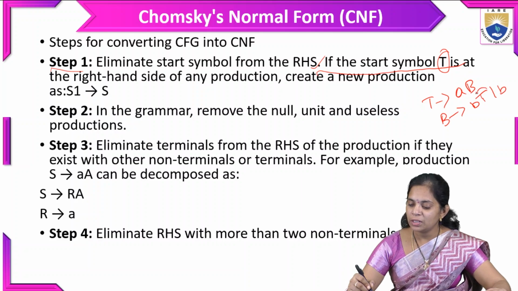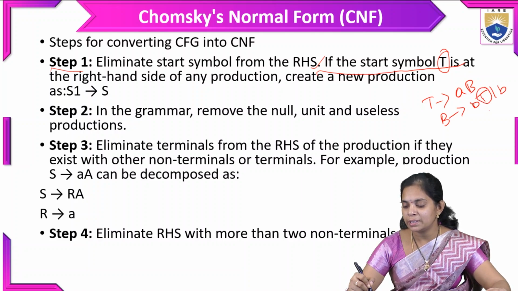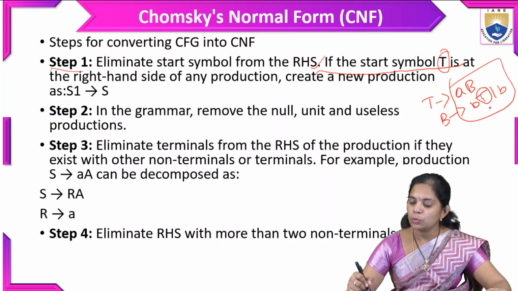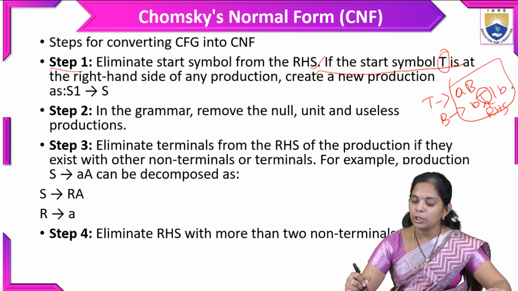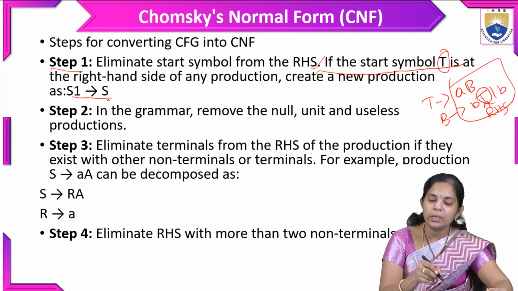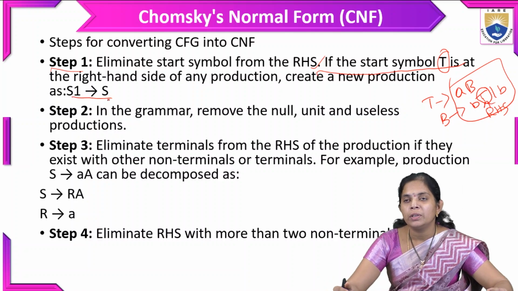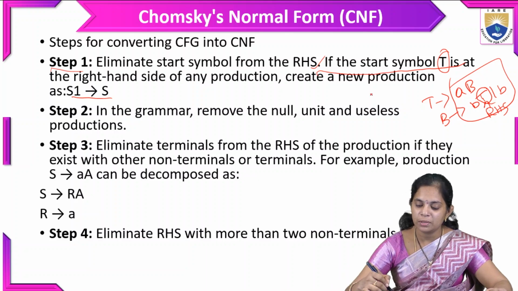Like this, if the start symbol is on the right-hand side of any production rule, we need to include S1 tends to S. This is the first step.